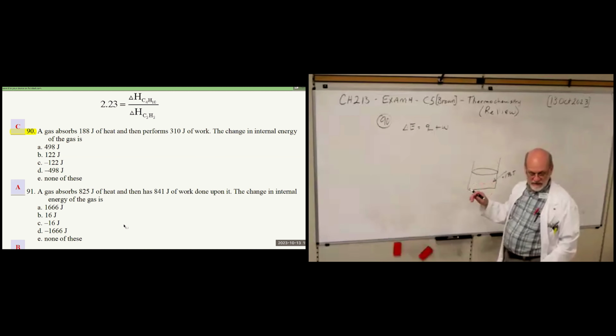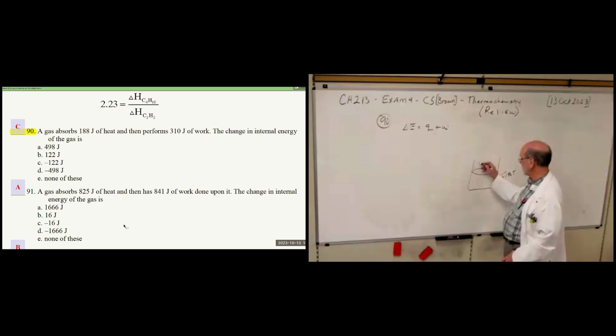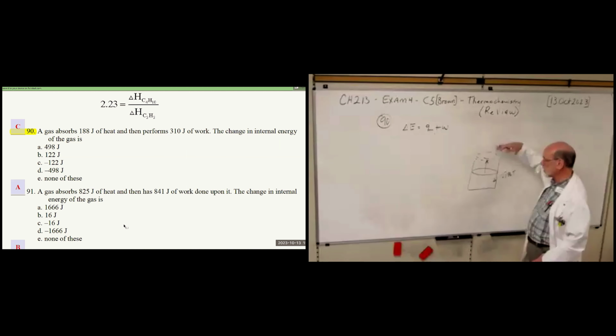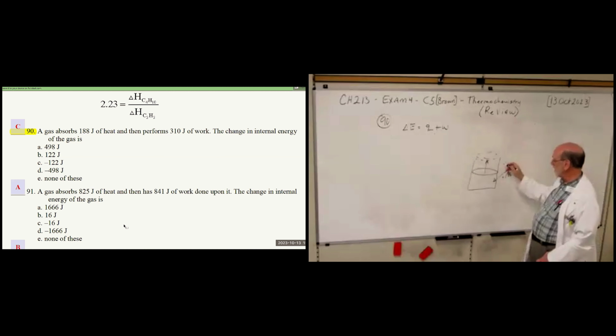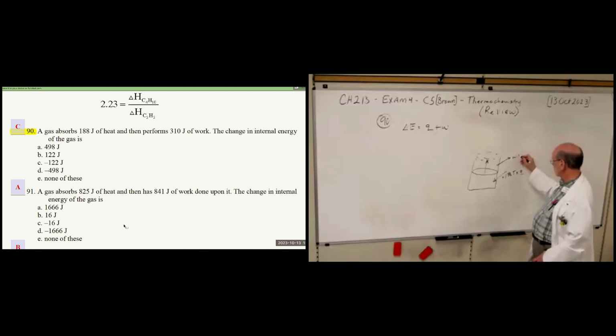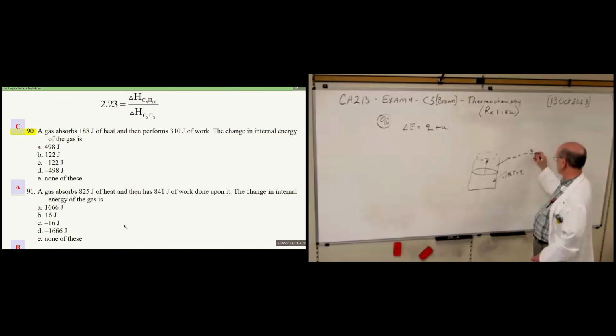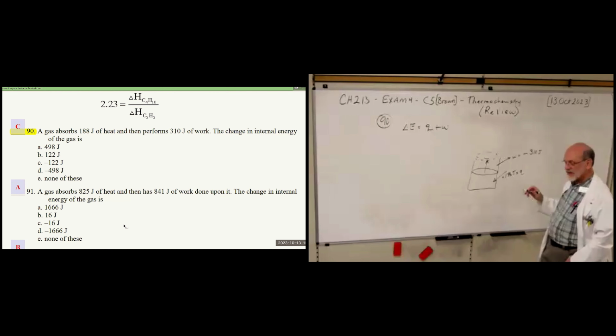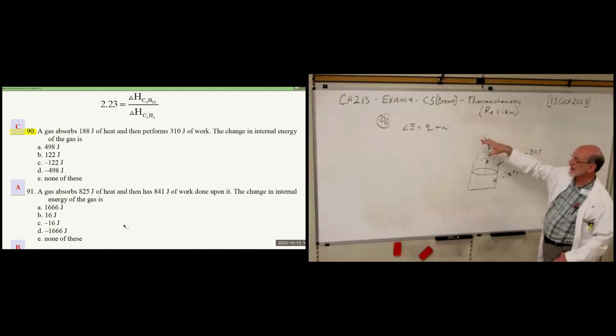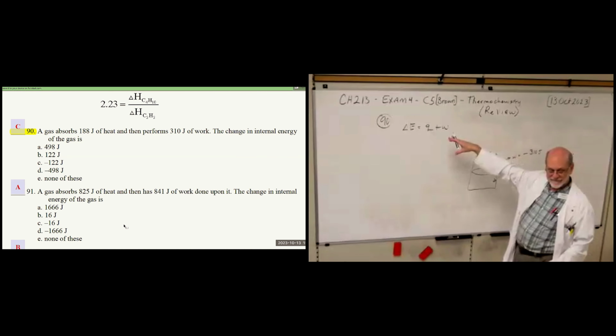But the work that it does, 310 joules of work, as it moves this direction, it's doing work on the surroundings. It's losing, this is Q, it's losing 310 joules. So now that we know what our signs are, we can put them together, right?